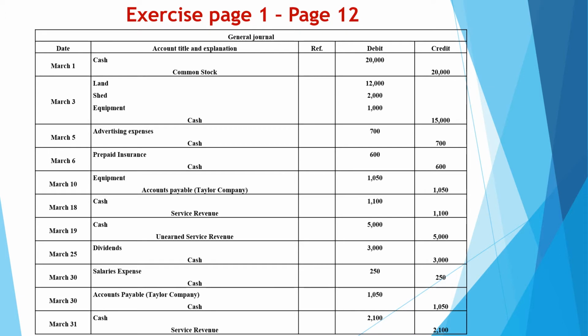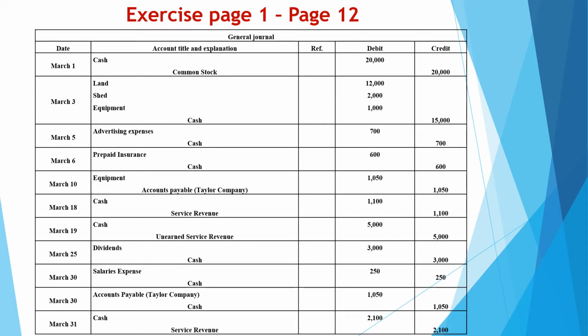When receiving cash for services that will be completed in the future, we use the account unearned service revenue, and it is a liability account. In this case, the unearned service revenue account would increase. Unearned service revenue has a credit normal balance, so when it is increased, it is recorded in credit. The entry will be cash in debit 5,000 and unearned service revenue in credit 5,000.